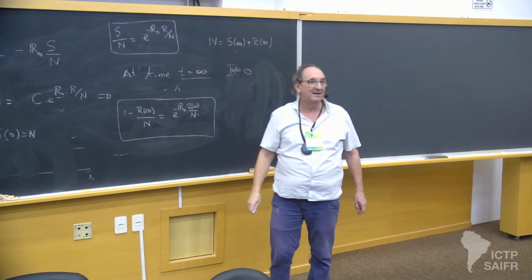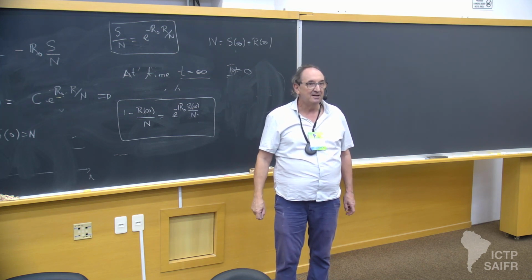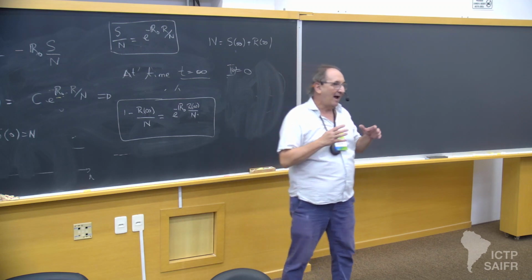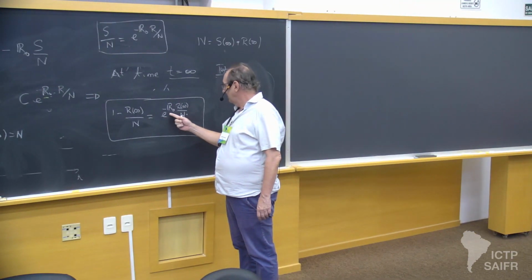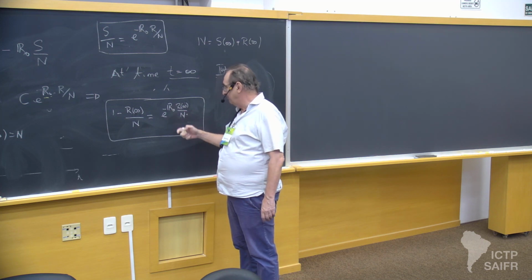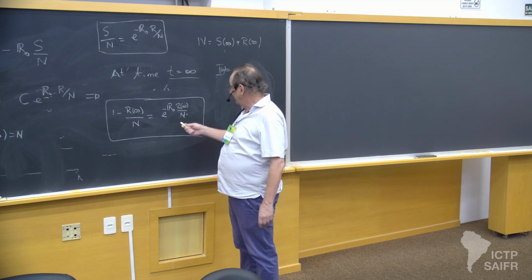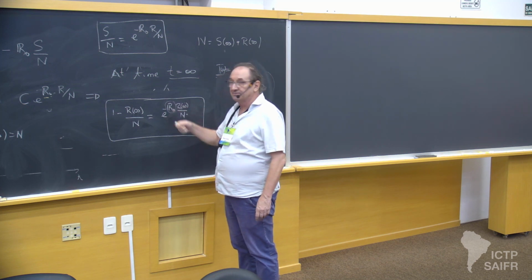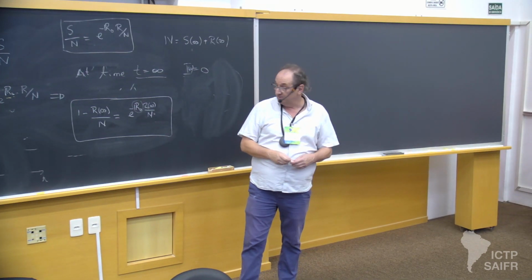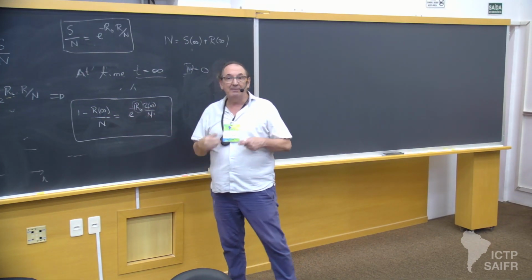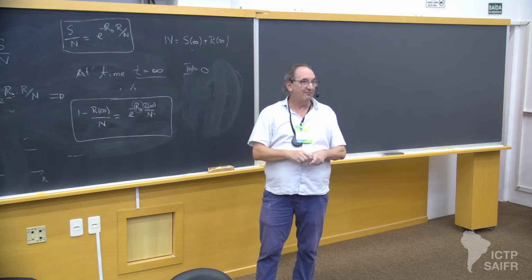What is this? This is not any more a differential equation. It is an equation for R infinity over n, the proportion of recovered. And this depends only on R0, on the basic reproductive number.